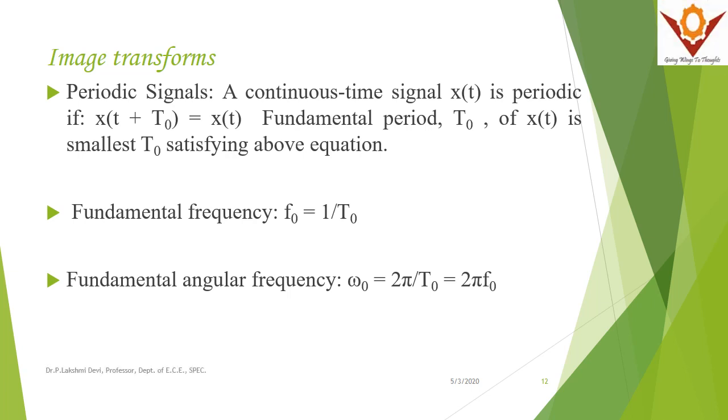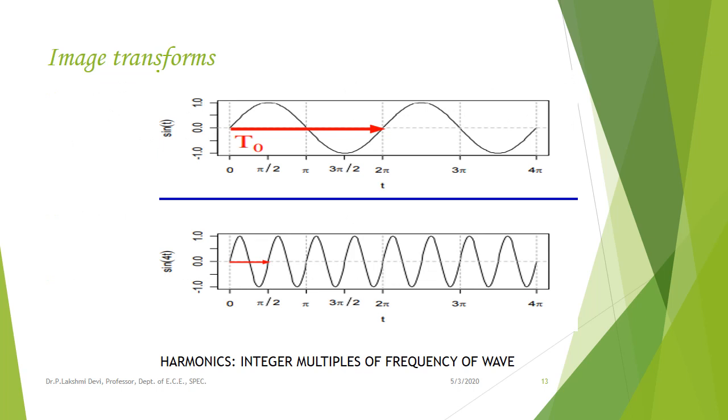With this, now let us see the difference between sin t and sin 4t. Here, with this graphical representation, if you still have any ambiguity in understanding the relation between time and frequency, it should be clear. Harmonics are integer multiples of the frequency of the wave.